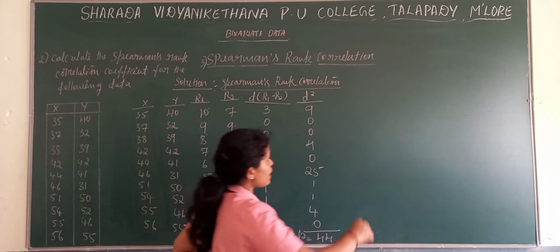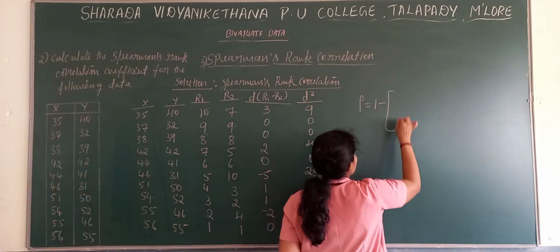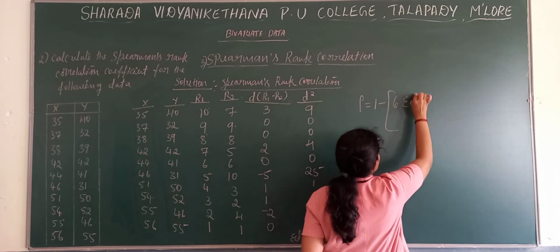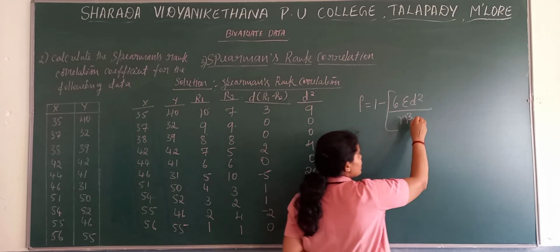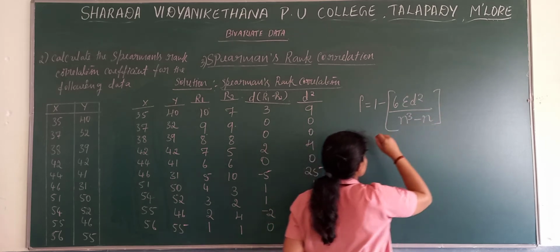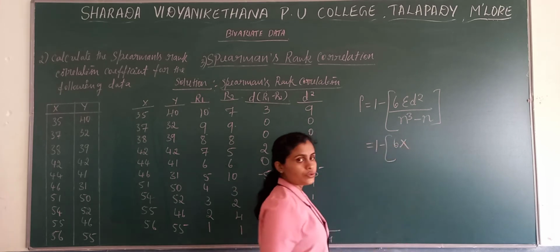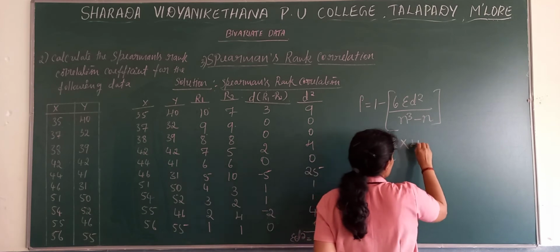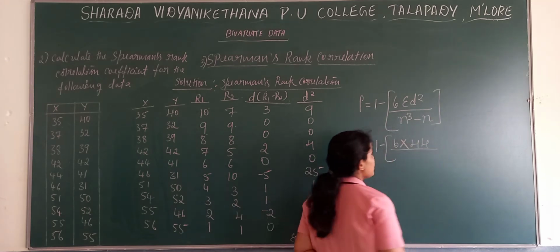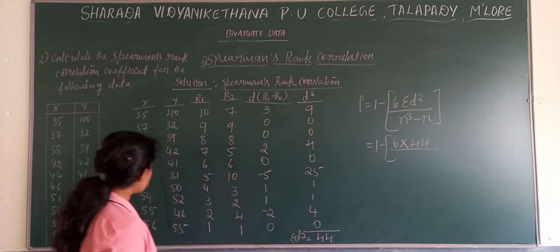Next, apply the rank correlation formula. Rank correlation is equal to 1 minus 6 sigma D square divided by n cube minus n. So here 1 minus 6 into sigma D square, 44, by n cube. How many number of observations?